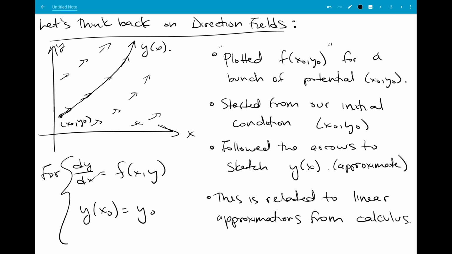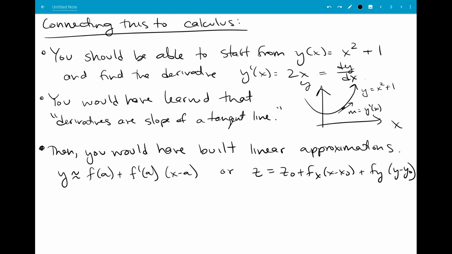That is related to when we have the direction field, we're given a bunch of slopes of tangent lines, and then we can follow those to recreate y, which we didn't know before. And so what's important to note here is that that same next step that you learned in your calculus classes, building linear approximations, is the exact same next step we're going to have when we're building our approximations to differential equations.